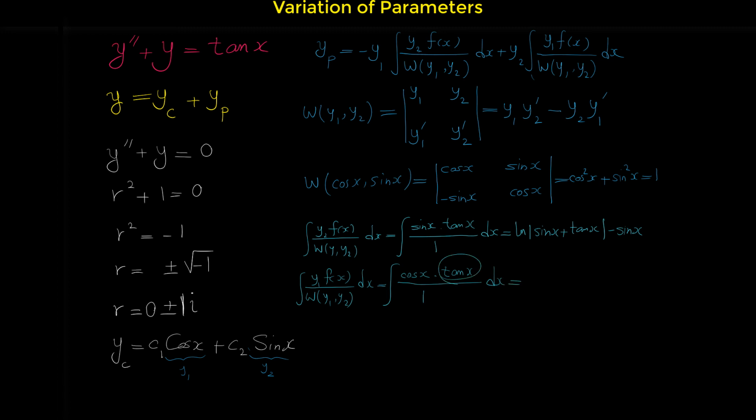Tangent of x is sine over cosine, which if we cancel cosine with cosine, this equals the integral of sine of x. Again, note that we have cosine x times tangent. Tangent is sine over cosine. Cancel cosine with cosine, and only sine x remains. Integral of sine of x is negative cosine x.